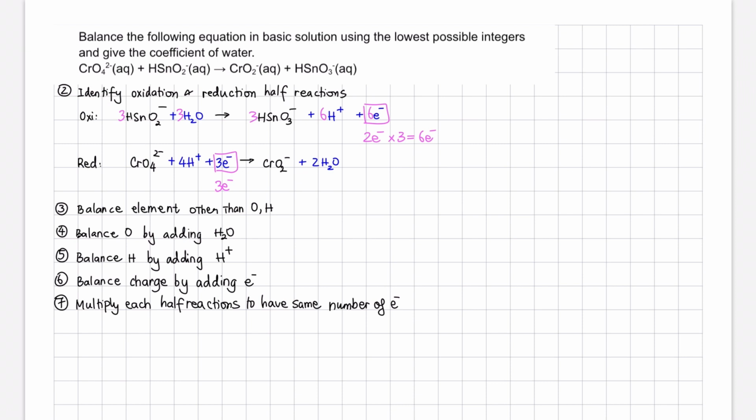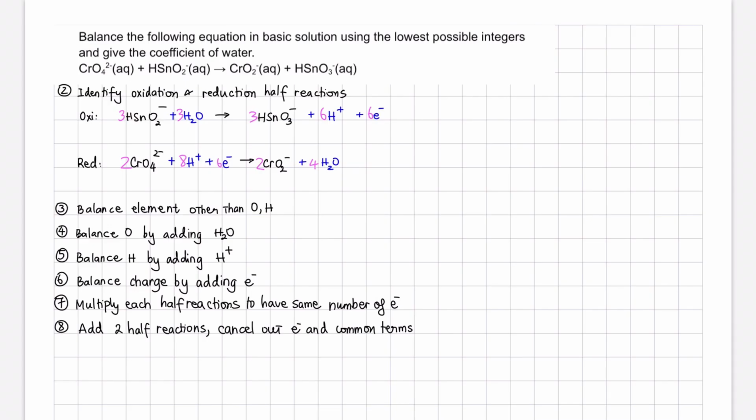So that's going to be 3 HSNO2 negative plus 3 H2O, producing 3 HSNO3 negative plus 6 H plus 6 electrons. And for the reduction half, we need to times everything by 2. So that's going to be 2 CrO4 2 negative, plus 8 H plus 6 electrons, producing 2 CrO2 negative plus 4 H2O. So that's a total of 6 electrons in both half reactions.